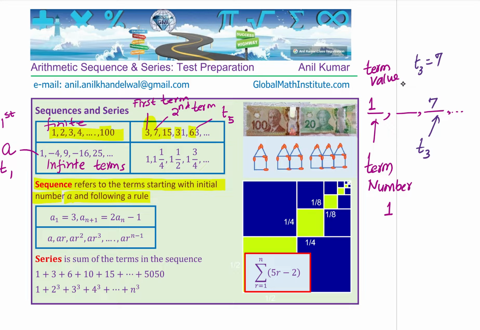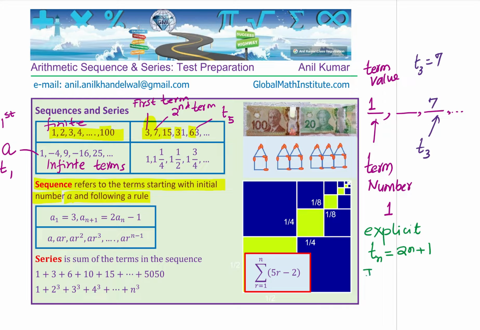We say explicit rule. So an explicit rule tells you exactly what the nth number will be. For example, we can say that the explicit rule for any number is that Tn is equal to 2 times n plus 1. That is an explicit rule.